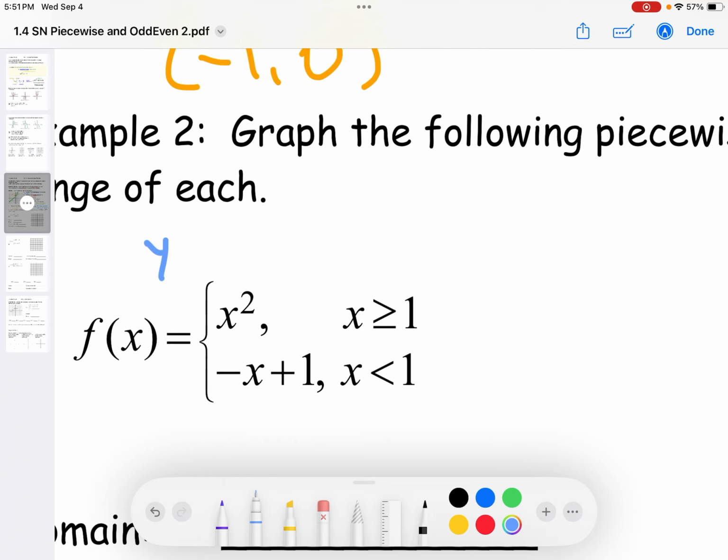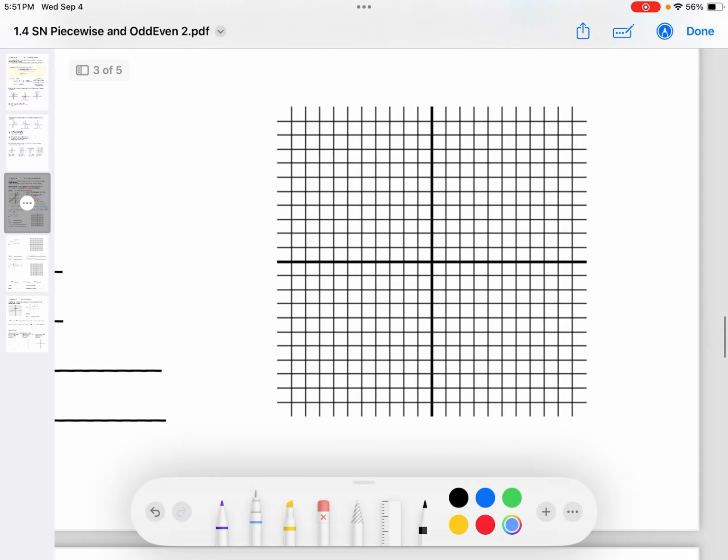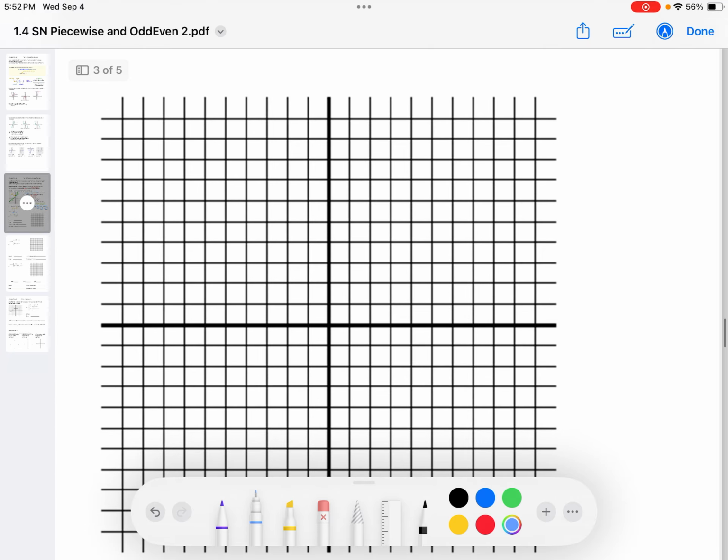So this first piece of this function is y equals x squared. Any x that is squared is quadratic. It's going to make a parabola. This one, being y equals x squared, has no transformations, so it is just the parent function. Meaning, when we go to graph this, we can just graph y equals x squared.